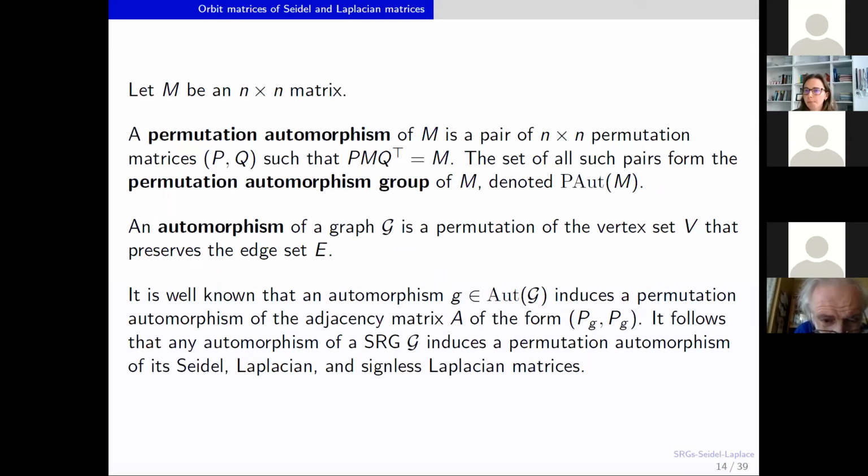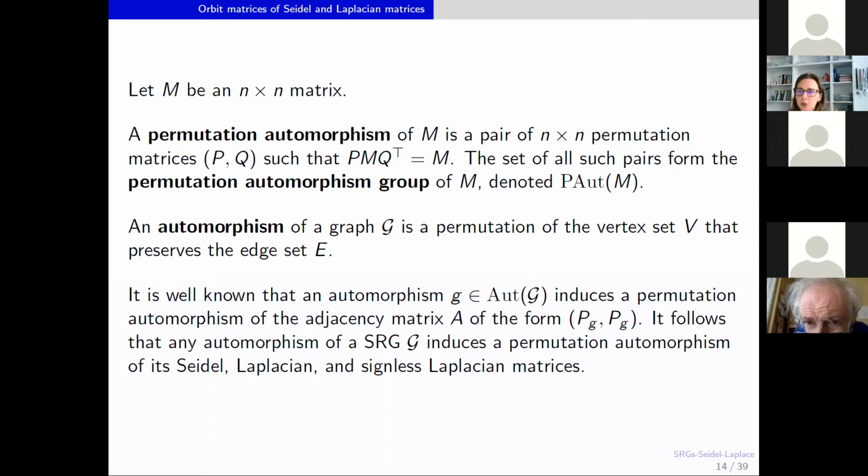Okay, so what did we need to define, and what did we need to show before trying to obtain codes? First of all, we needed to see what kind of properties Seidel and Laplacian matrices could have in order to introduce orbit matrices of this type of matrices. So let M be an n times n matrix.